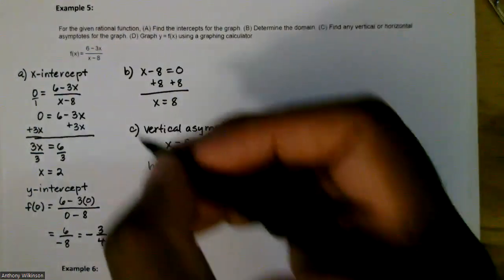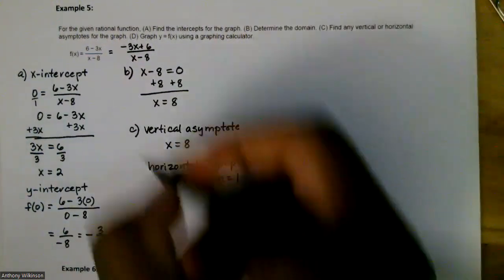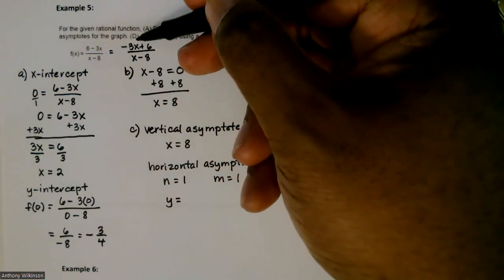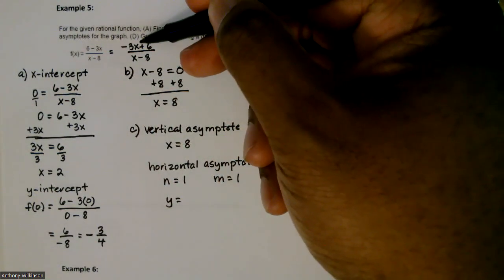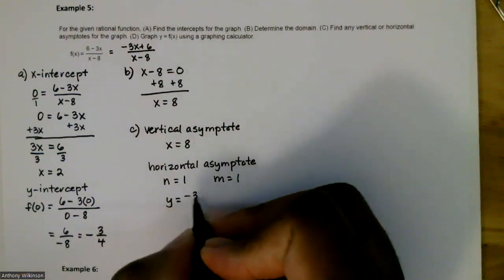Now, I can rewrite this numerator as negative 3x plus 6, over x minus 8. This may help. The leading coefficient in the numerator, that's the coefficient of the variable to the highest power. If the highest power is a 1, that leading coefficient there must be negative 3.